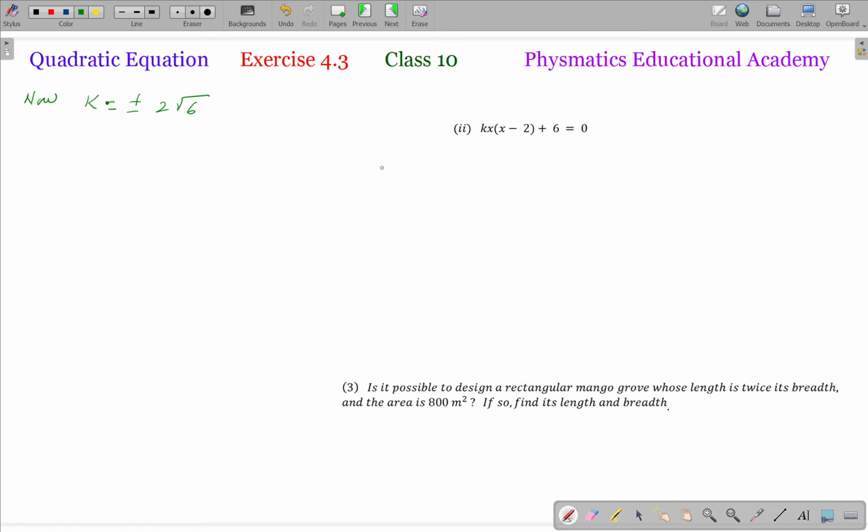That is the value for question number 1.